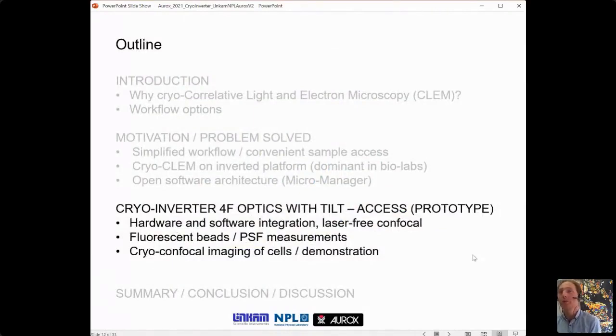To solve this and to be able to still operate a cryo-optical system on an inverted design, we have designed an inverter scope system, CryoInverter, which mounts onto an inverted design. It is a 4F optical system.